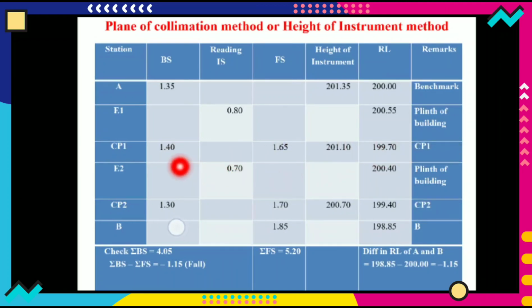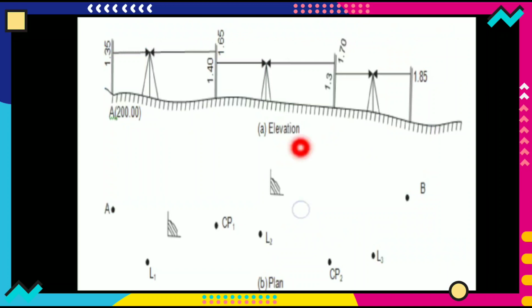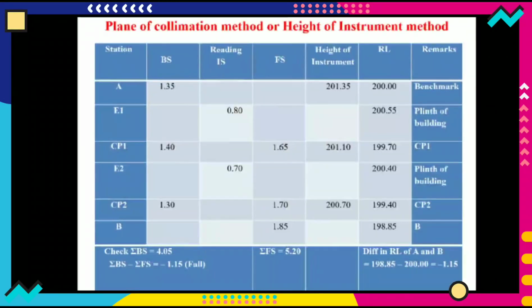After this reading we take a reading on point E2, 0.70, which is at this location, not mentioned in this diagram. After this reading we take 1.70, the last reading after setup of this instrument in this location. So that is our foresight.